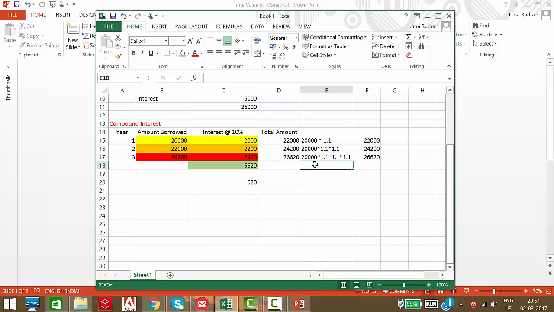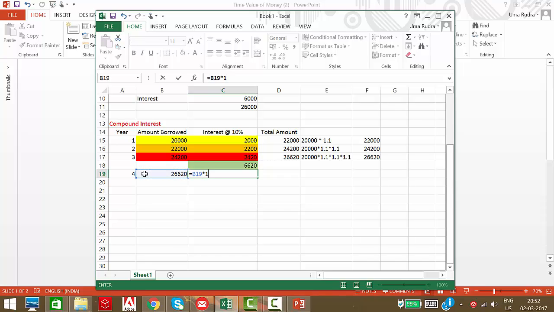This is the third year. If it is the fourth year, what will be the case? Suppose the fourth year: my principal would be 26,620. So my interest would be on 26,620 into 10%. My interest plus principal would be 29,282.